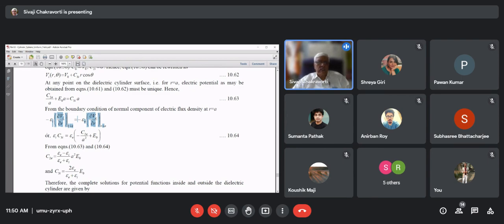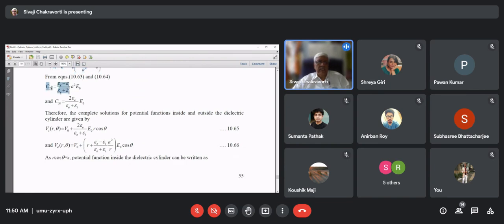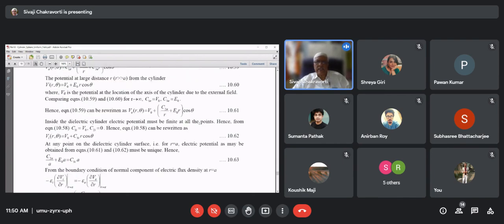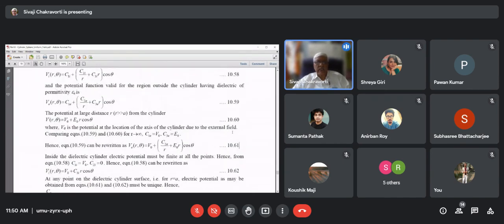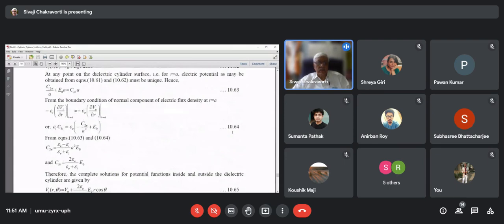Then I can put this in equation 10.61, which is external to the cylinder, and this internal one is 10.65.